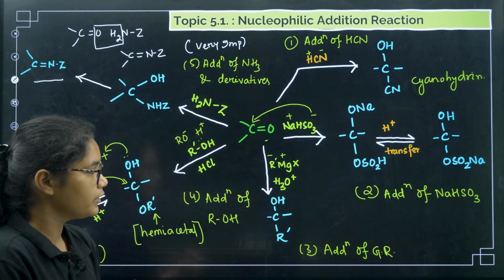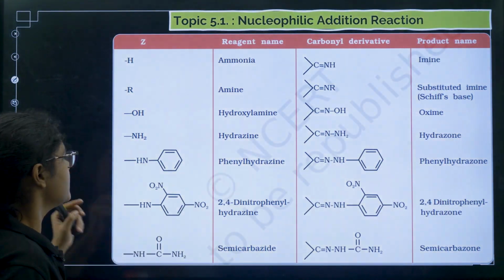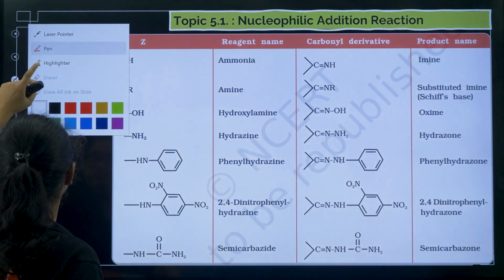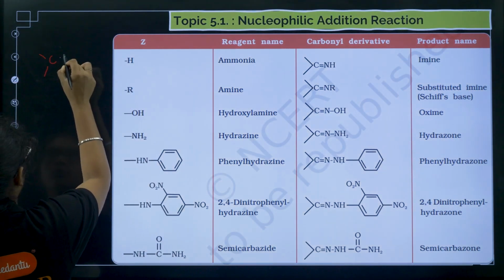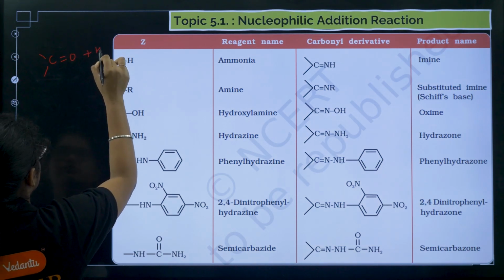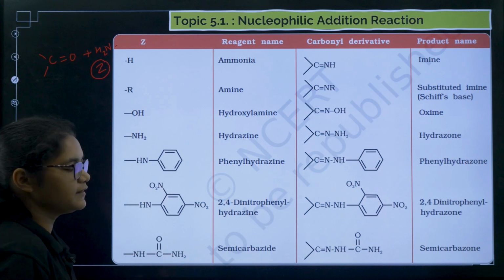Okay, so now coming to ammonia and its derivatives, this is very, very important. If you see, I told you we need to write like this, right? We have C double bond O plus H2N and then I have Z. Now these Z's are different things given here.